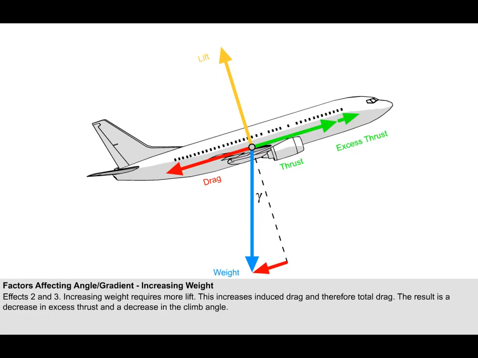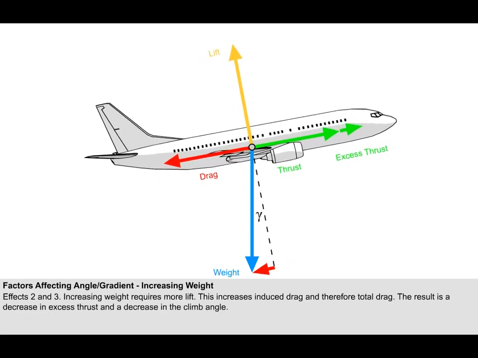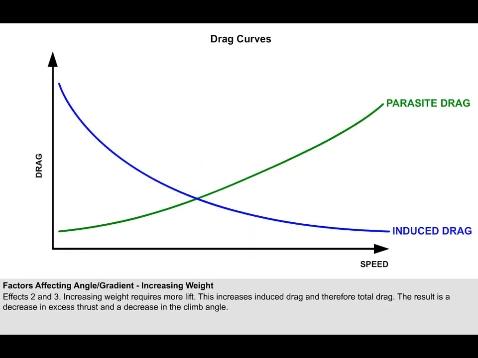Notice now that the present value of excess thrust is not able to balance all of the weight apparent drag. Therefore, the aeroplane climb angle must be decreased to reduce the weight apparent drag to a value that can be balanced by the present value of excess thrust. However, the effect of weight on drag is a bit more complicated. Shown here is a graph representing induced drag, parasite drag, and the total drag.